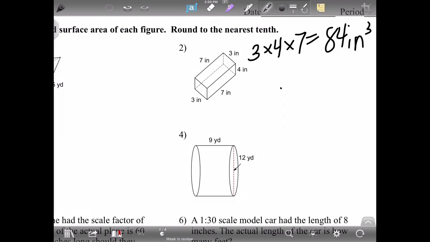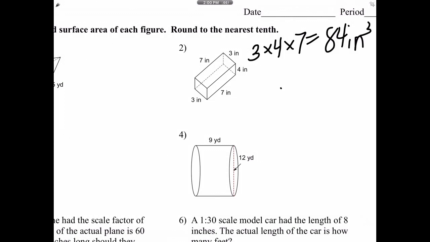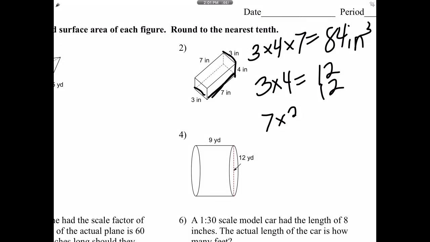Then to find the surface area, first we could find the top and the bottom right here. 3 times 4 equals 12. We have 2 sides that look like that. Then we have 7 times 3. There are 2 sides of that. So 7 times 3 is 21.